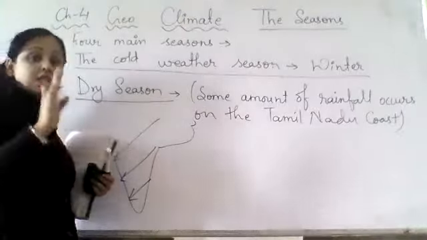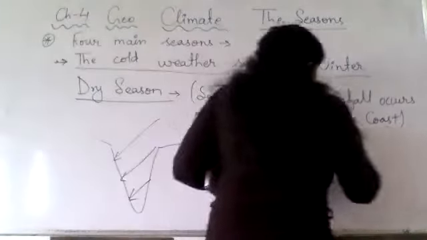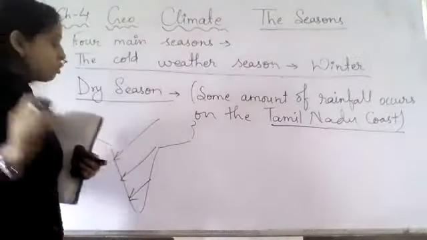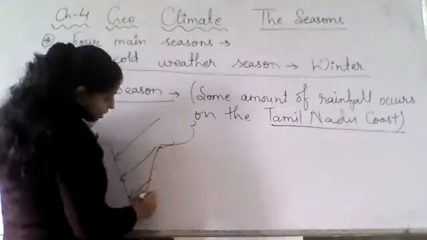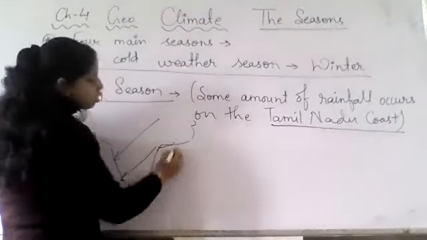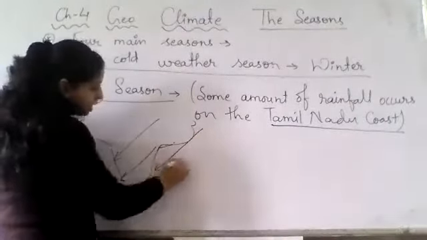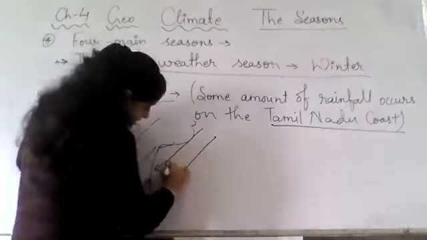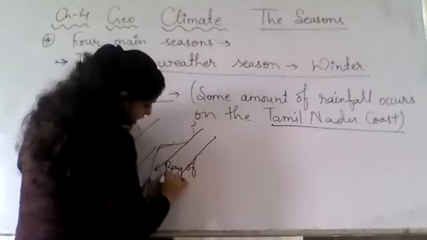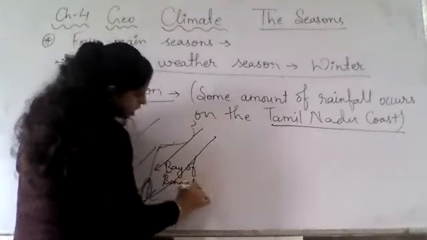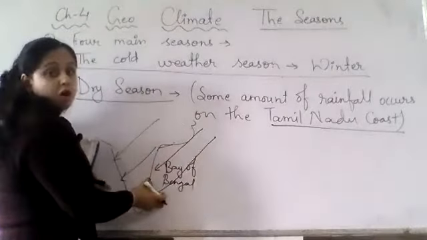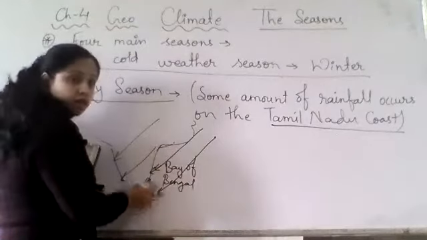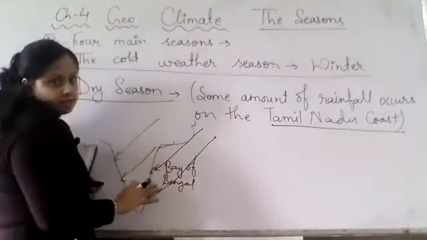Now, still the Tamil Nadu coast can see some amount of rainfall. Why? If you see, here you have the Tamil Nadu coast. The winds which are blowing like this are coming from the Bay of Bengal. So they take some amount of moisture from the Bay of Bengal, and then when they hit the Tamil Nadu coast, it rains.